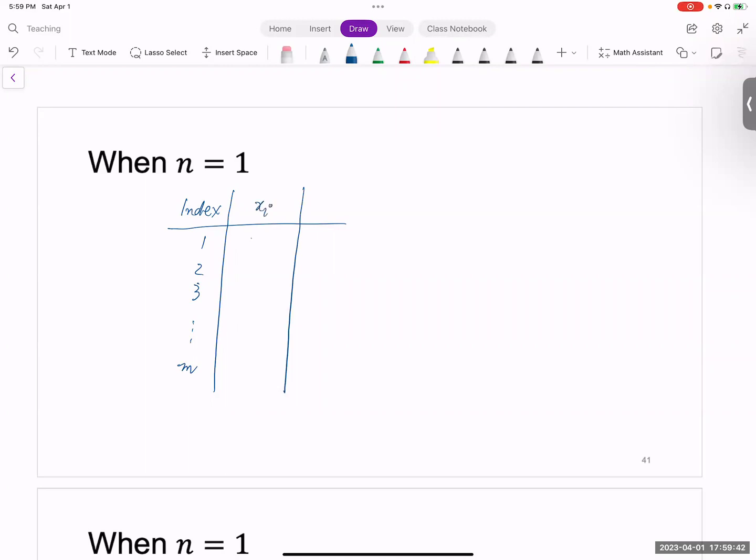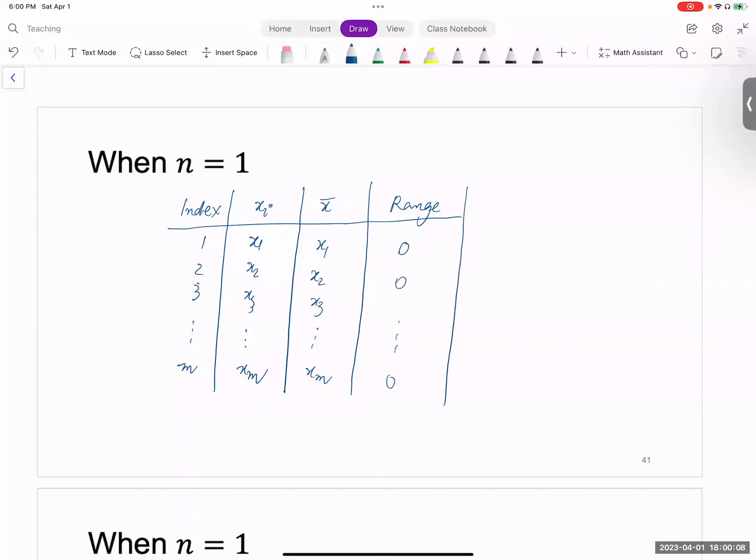So you have x1, x2, x3, up to xm. You can compute x bar, which just gives you those numbers. But here's the problem. Your range is going to be 0, 0, 0, up to 0.